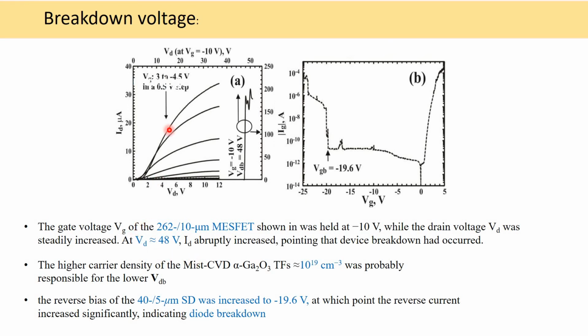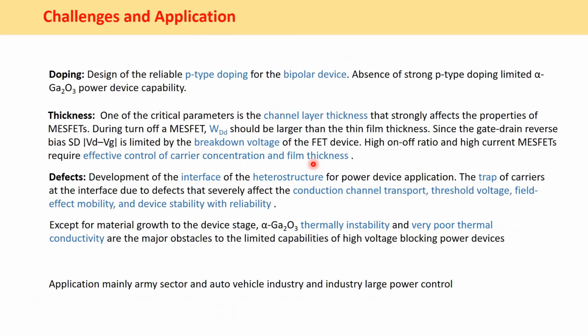In the case of the 40 by 5 micrometer Schottky diode, it increased to minus 19.6, and breakdown occurred at that point. So these two graphs exhibit the breakdown characteristics.